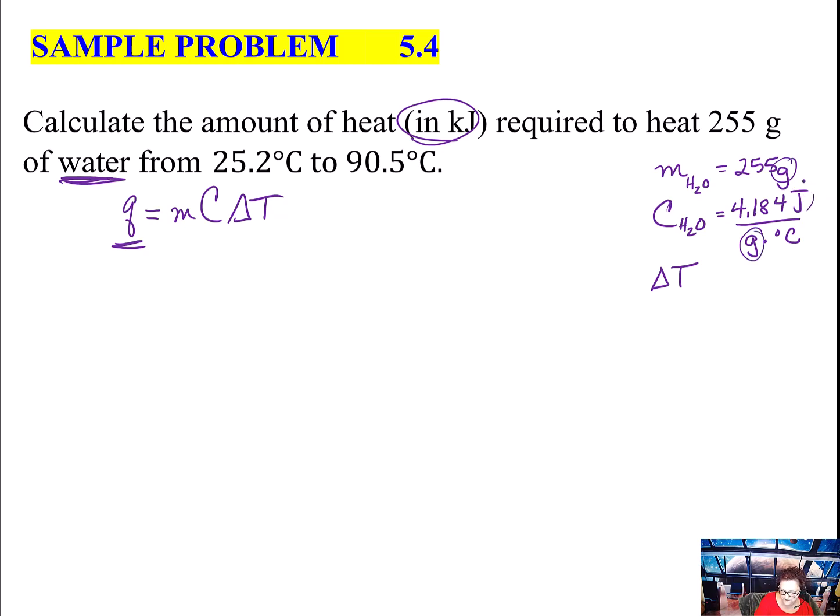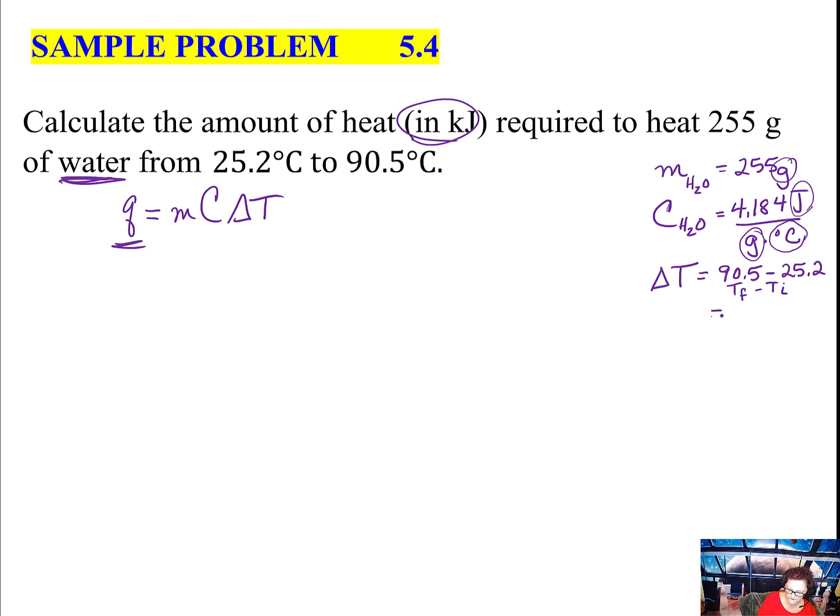If I use this, I'll have joules. And then the degree C, so I keep my temperature in degrees C. So that is going to be the final 90.5 degrees C minus the initial, which is 25.2, because it goes from 25.2 to 90.5. So that's how I know 90.5 is my final. And so delta T is always T sub F minus T sub I. That's where that comes from.